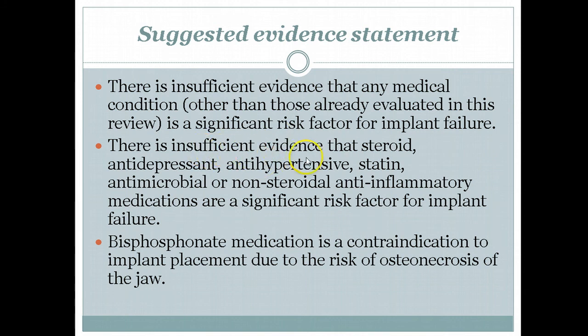There is insufficient evidence that steroid, antidepressant, antihypertensive, statins, antibiotics, and NSAID medications are significant risk factors. So again, there might be some reduction, but it's not significant enough to determine that this patient should not get an implant. So there's no absolute contraindication related to it.